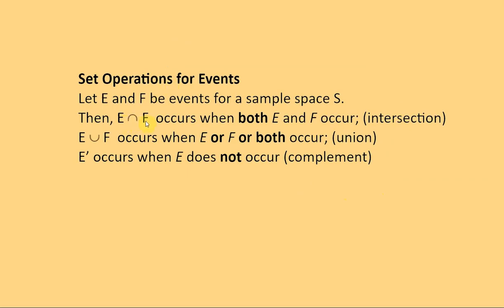E union F occurs when E or F or both occur. That is the union, and the symbol for union looks like a U. E prime or E complement occurs when E does not occur. That's the complement, and it's notated by this little apostrophe.